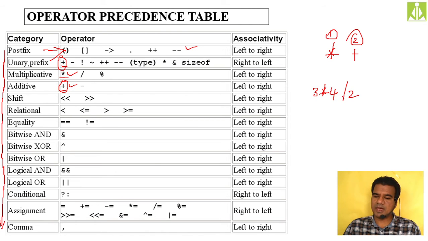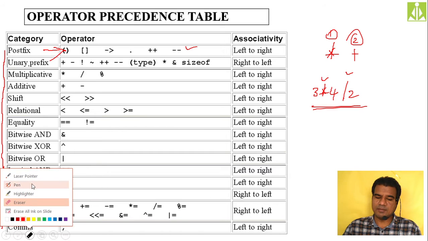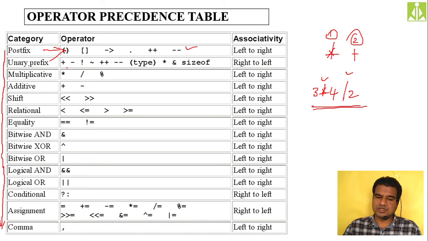Now this multiplication and this division are both standing at the same level in the operator precedence table. This is your multiplication sign and this is your division sign, both at the same level inside your precedence table.